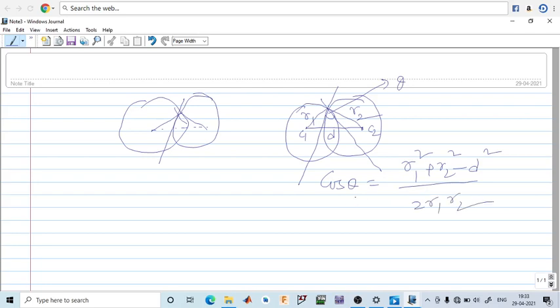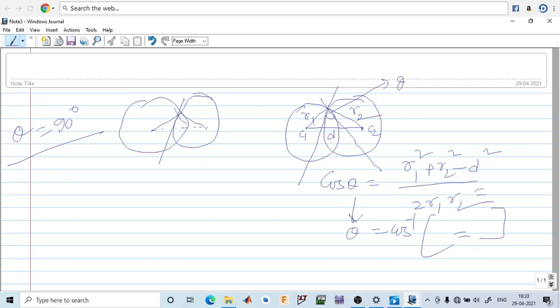In this way we can get the value of theta by taking cos inverse of this. If theta is 90 degrees, then we say that the two circles are called orthogonal circles, right?